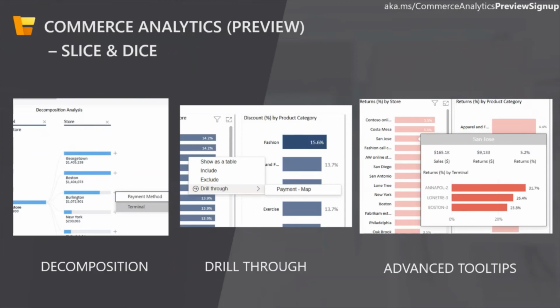Aside from this, one of our key guiding principles for this report was how do we not overwhelm the users while still providing the richness of the data that is available in the system.